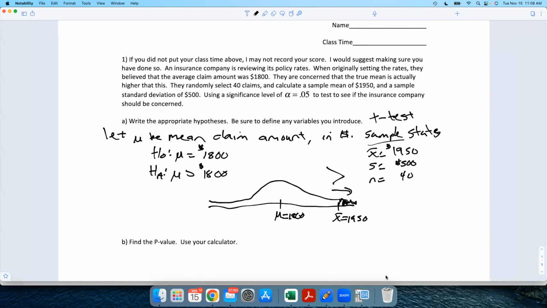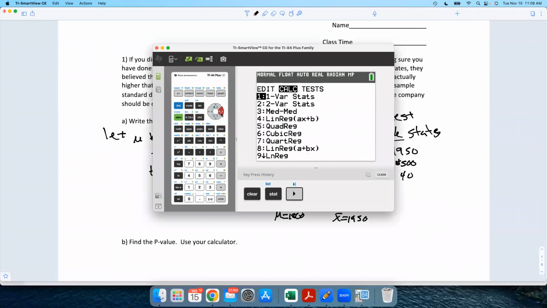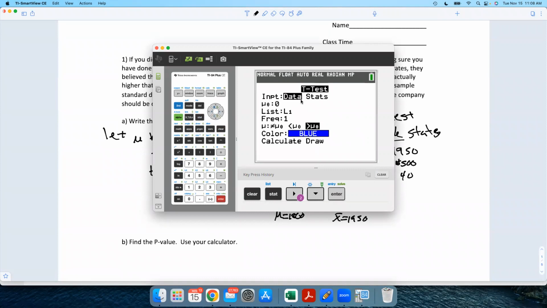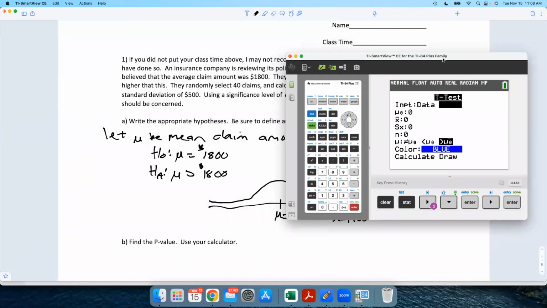Now my calculator does all the work. So I'm going to go into stat, over to tests, and down to number 2, a t-test. I don't know all the data. Sometimes, like in the homework, you'll have problems where they give you a bunch of data and you'll put that in L1 and you'll be done. Here, we know the sample statistics. Mu naught is this number here that's in your hypotheses. Notice these are both the same number.